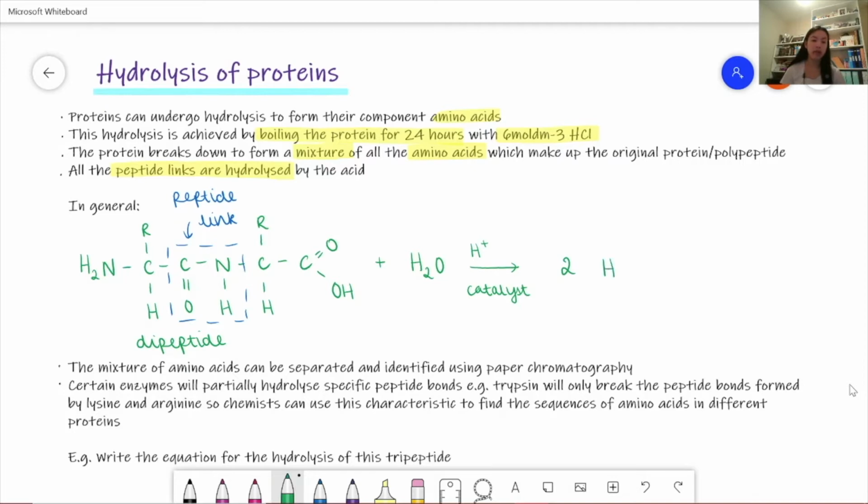So we have H2N, and then carbon, an R group, a hydrogen, and then the C double bond O, OH. And what we've done basically is we've just looked at this peptide bond, this peptide link, and split it down the middle. And then we've added the components of water back to the different ends to get this amino acid.